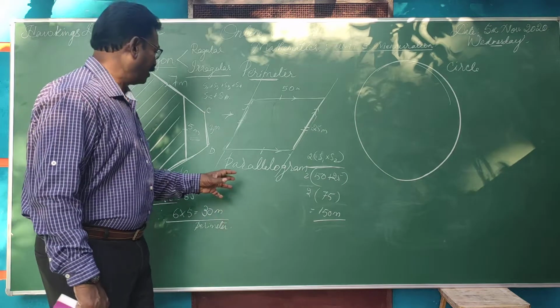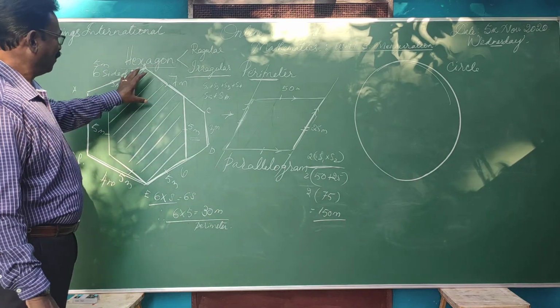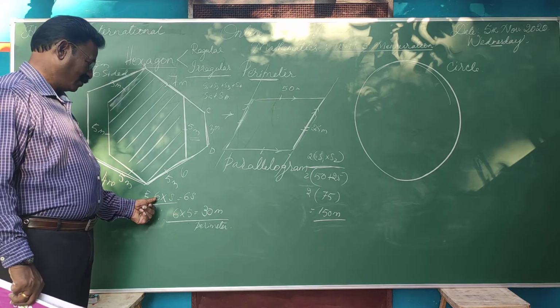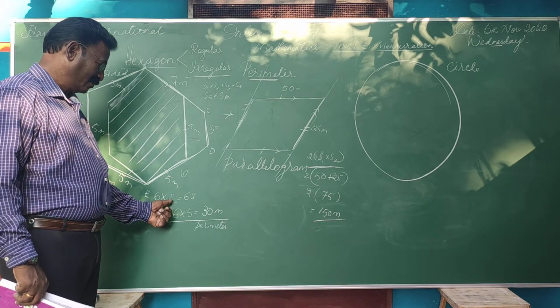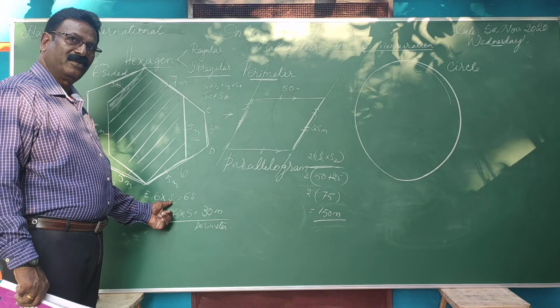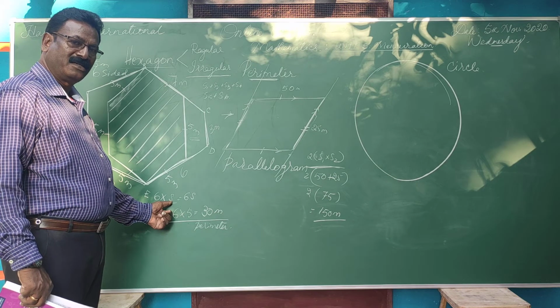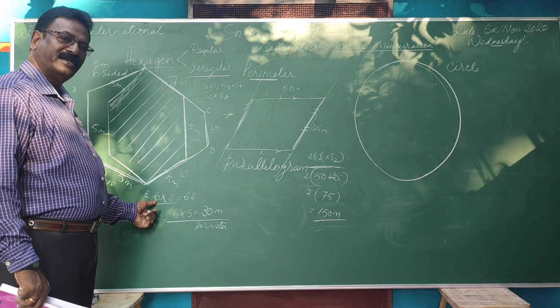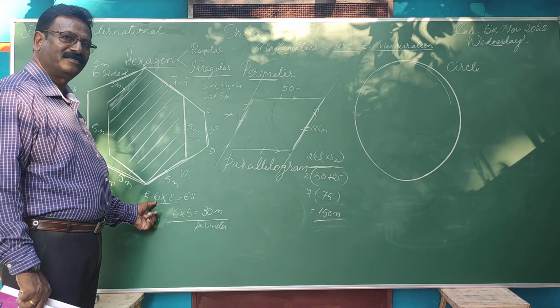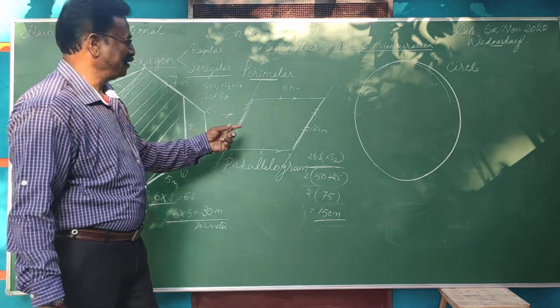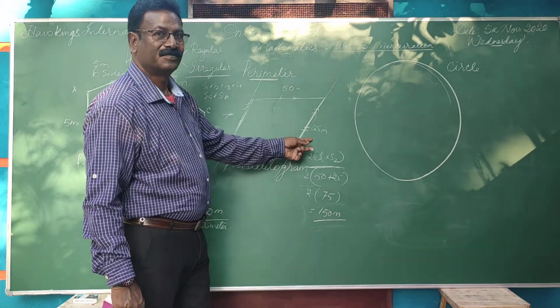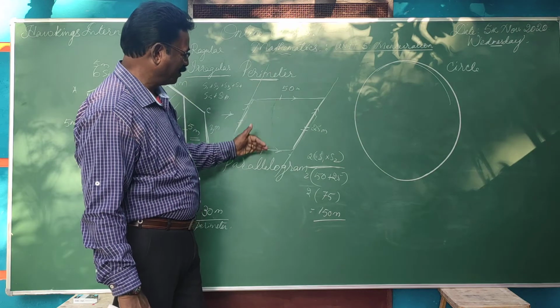Okay. See, in this case, all the sides are equal. So we took only one side because all the sides are common, all the sides are equal. So we took one side and measured with its dimension. In case of this, we take 2 dimensions, and of course the opposite sides are equal.